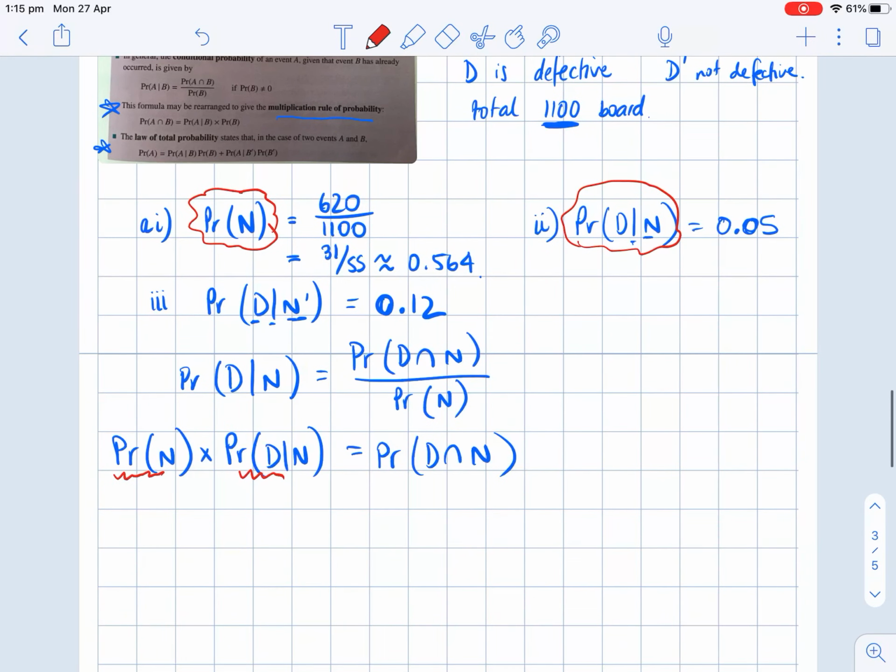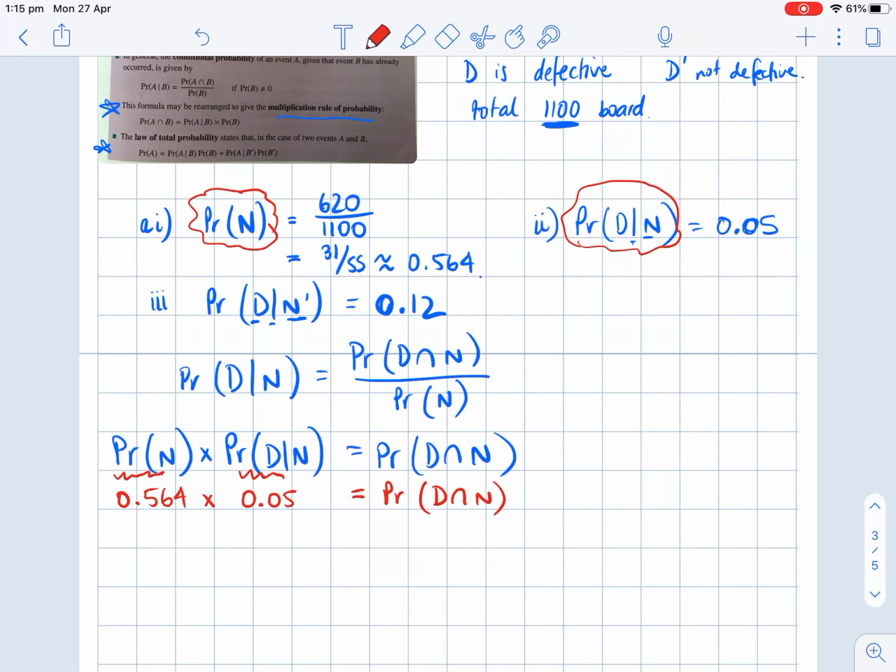So now, the probability of n, that it comes from the new machine, is 0.564 times the probability that it is defective and from n, which is 0.05. Multiply those two things together and you'll get the probability of it being defective and from machine n.